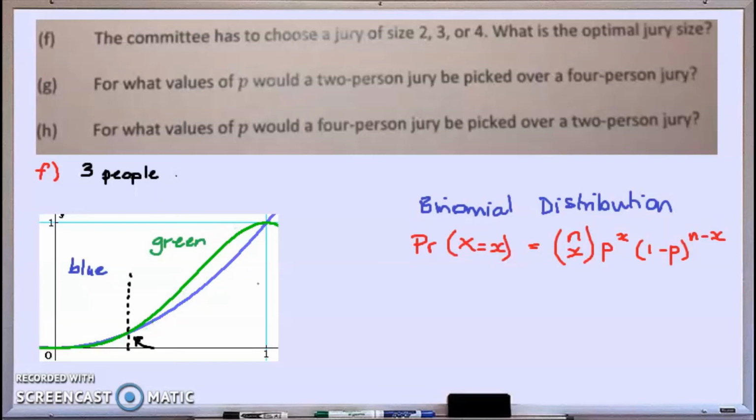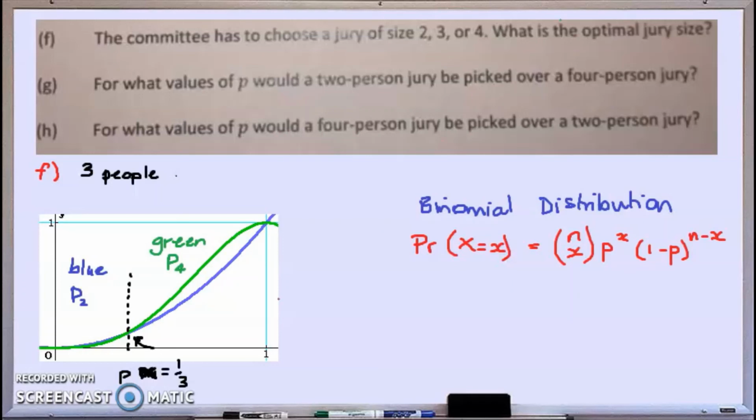Now, if you use the solve function on your calculator, you'll be able to find out that this point here is where x equals a third. Remembering that I'm using x for the letter P in this question. So the values of P for which a 2-person jury would be picked over a 4-person jury is when the blue is higher, because the blue is my P2. And the values of P for a 4-person jury to be picked is when green is higher.